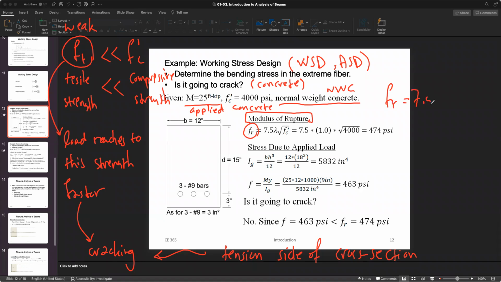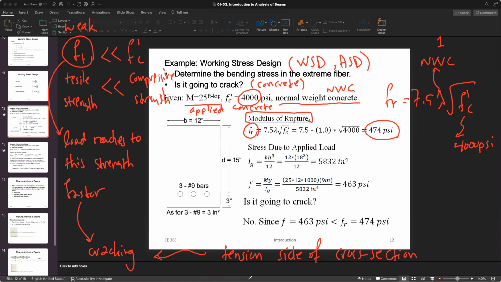FR is 7.5 lambda square root of F prime C. It is a normal weight concrete, so for that, lambda is equal to 1, right? F prime C, this problem is giving you as 4,000 PSI. So if you plug in the numbers, FR would be 474 PSI.